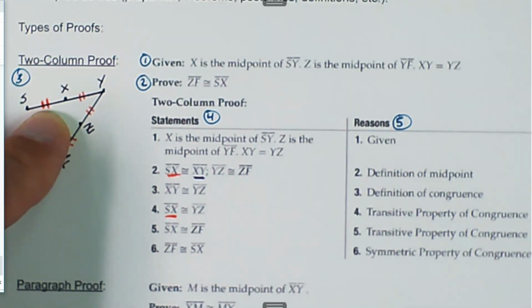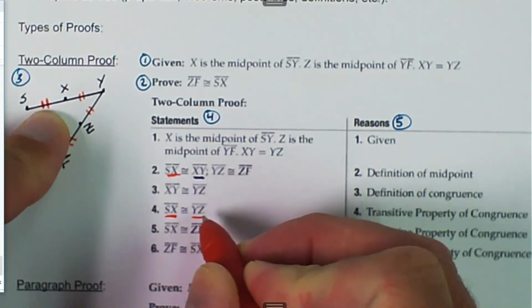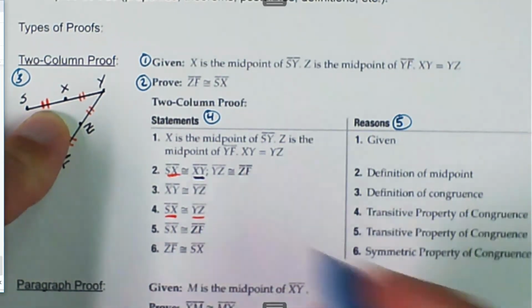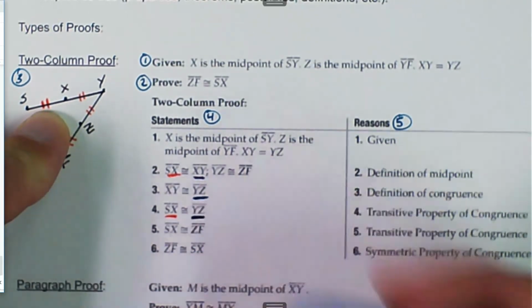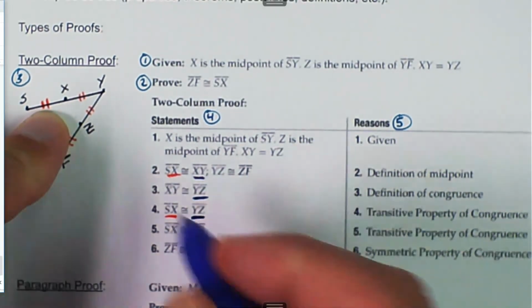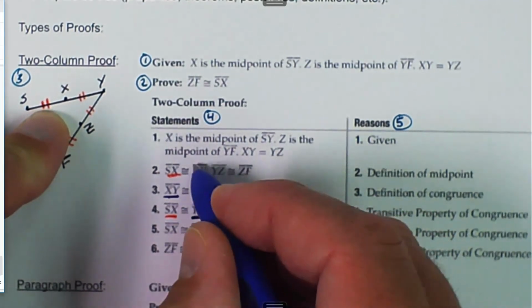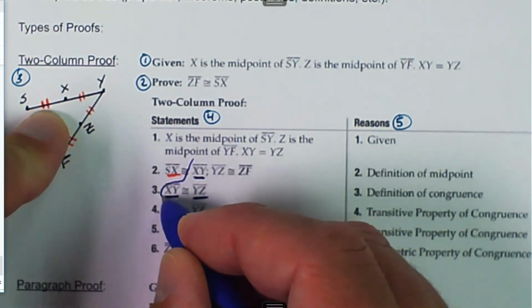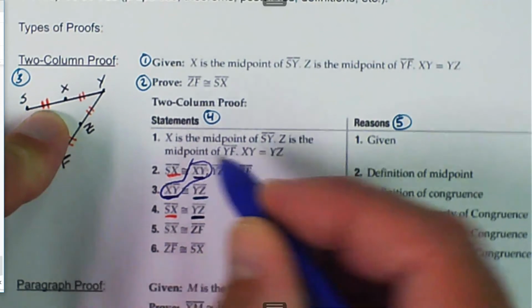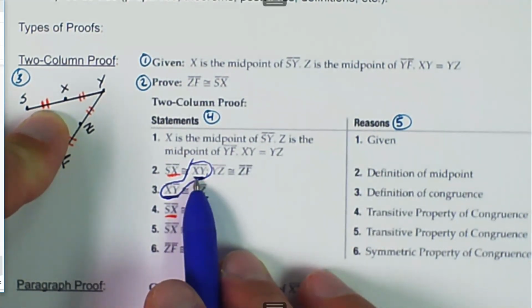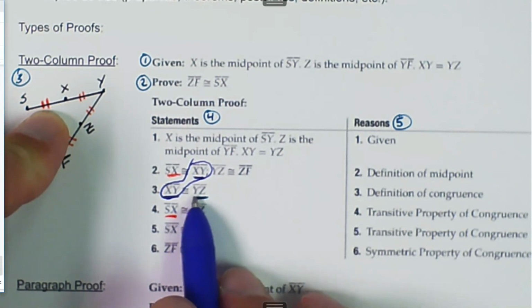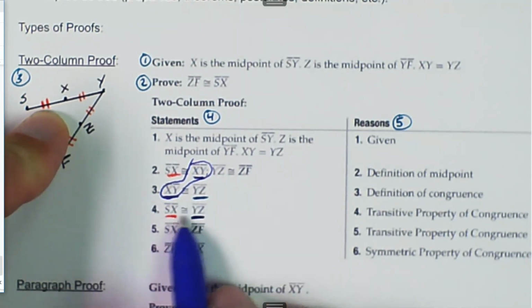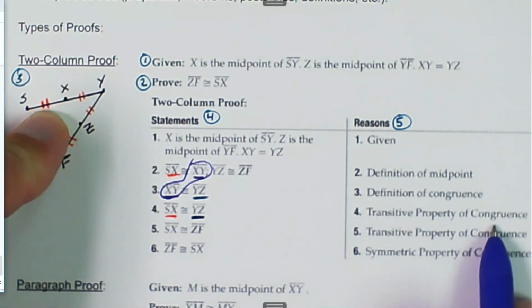And we already said that YZ is also congruent to XY. And this is a tricky one, the transitive property. So because XS is congruent to XY and YZ is also congruent to XY, that means they have to be congruent to each other by the transitive property.